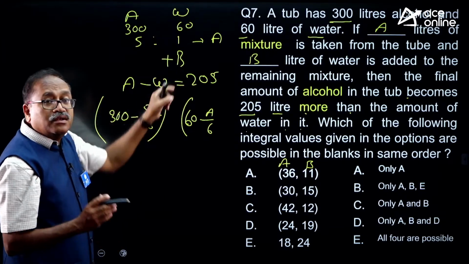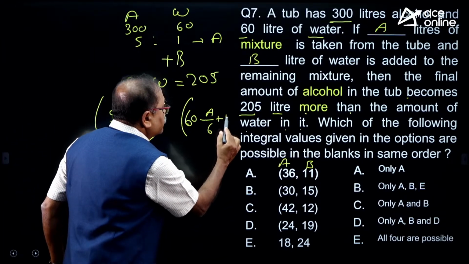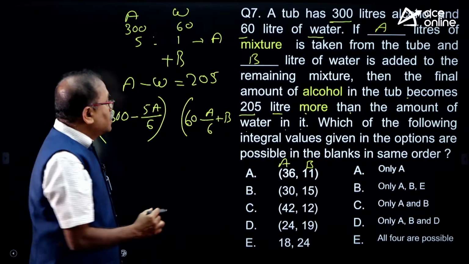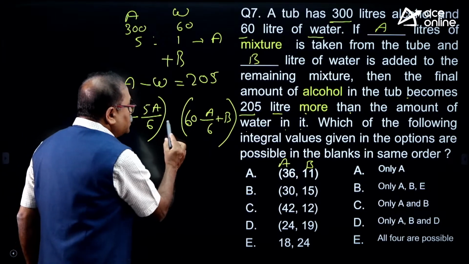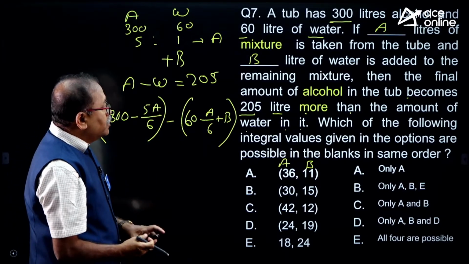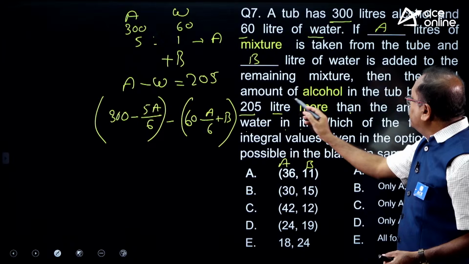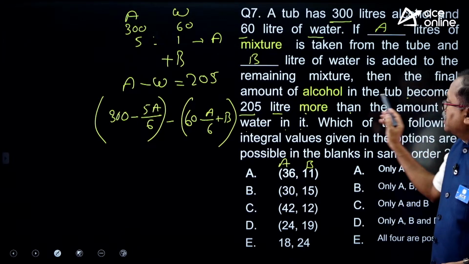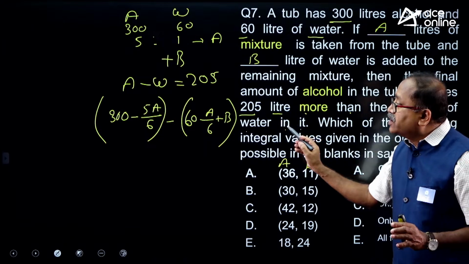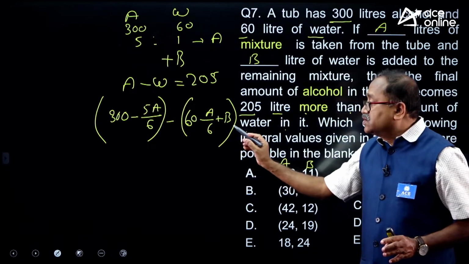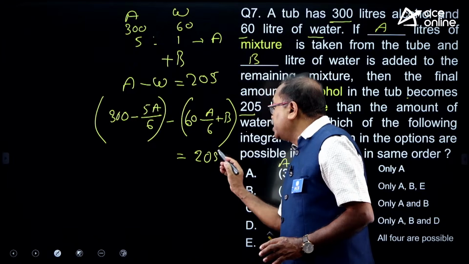And B liter of water is added, plus B. What is the difference between these two? Look at this 205. It says that the final amount of alcohol in the tube becomes 205 liter more than the amount of water. This is alcohol, this is water. This minus this is equal to 205.